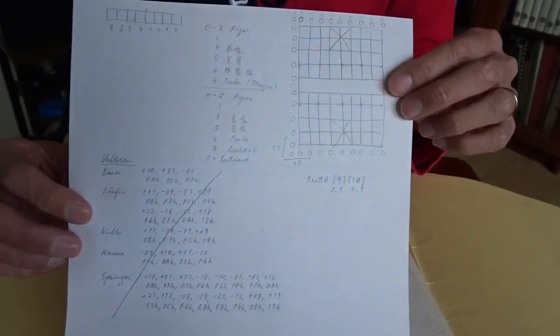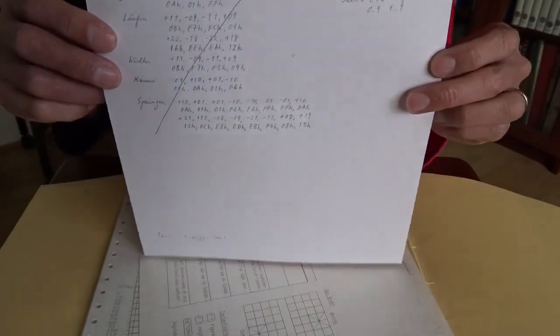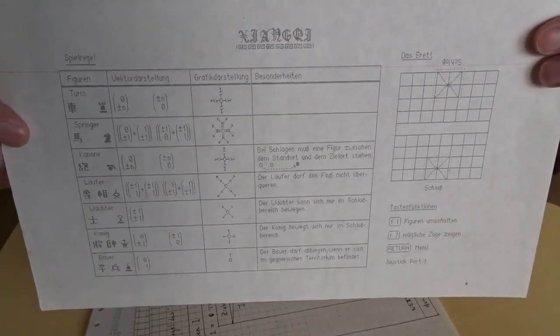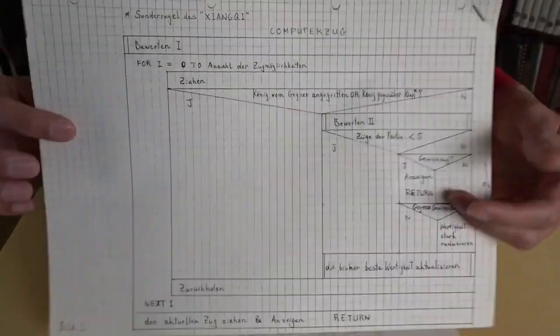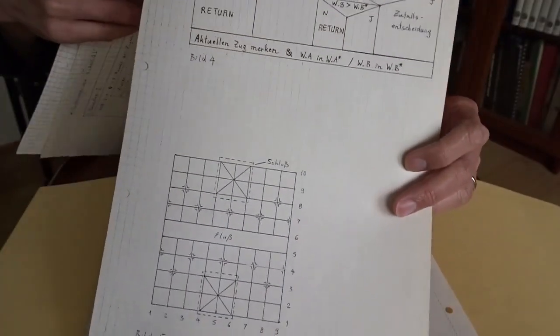This is one of my sketches when I was designing the program, and this one is basically the document I sent to the magazine. And I also drew some diagrams explaining how that algorithm works. So it's very primitive.